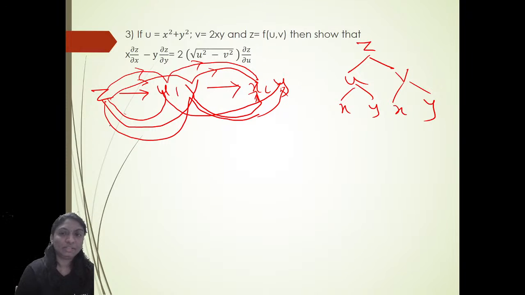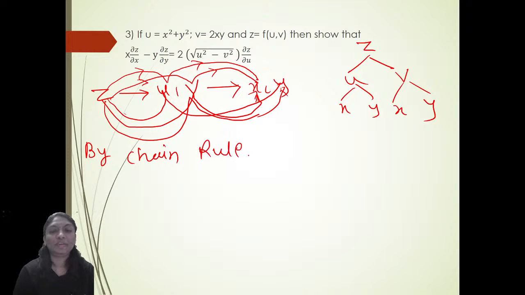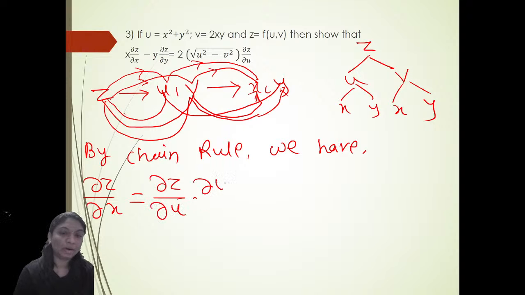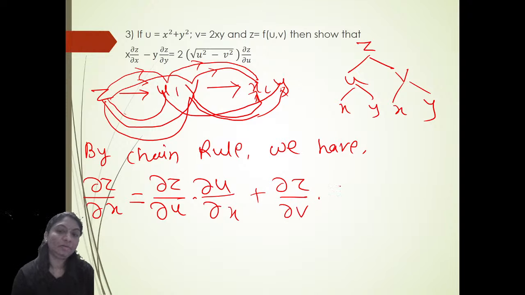Okay, by chain rule, we have ∂z/∂x is equal to ∂z/∂u into ∂u/∂x plus ∂z/∂v into ∂v/∂x.